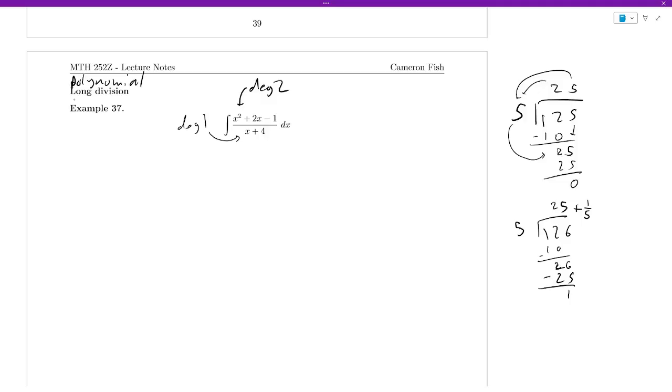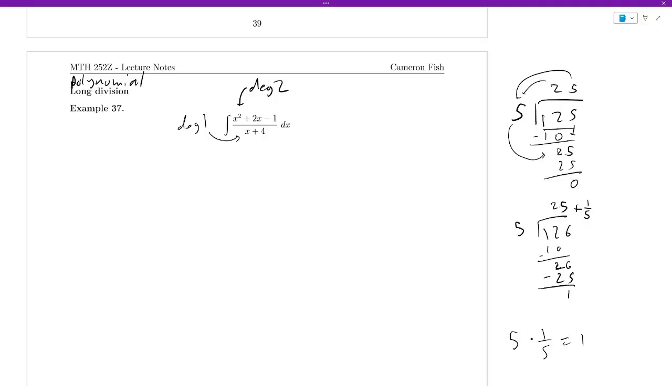Let's justify that for a second. The whole point of long division is to figure out 5 times what makes 126. So if I do 5 times 25 plus a fifth, I should get 126 back. 5 times 25 is 125, which we saw earlier, and then I have to add on 5 times a fifth. That's going to be 1, right? 1/5 is the thing that when I have 5 copies of it, I get 1.